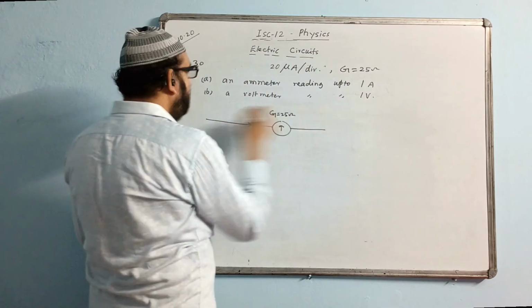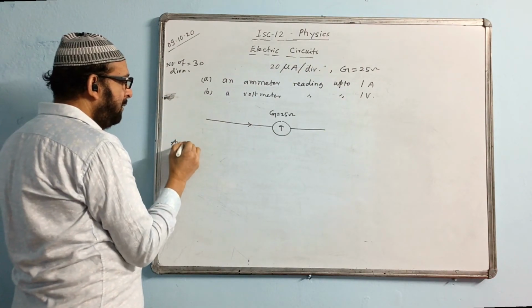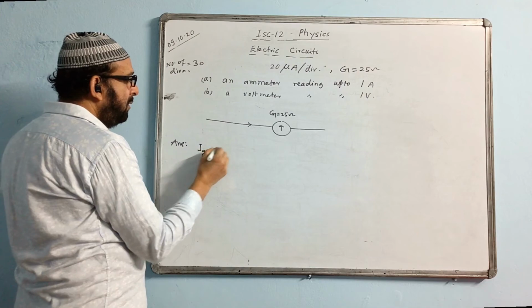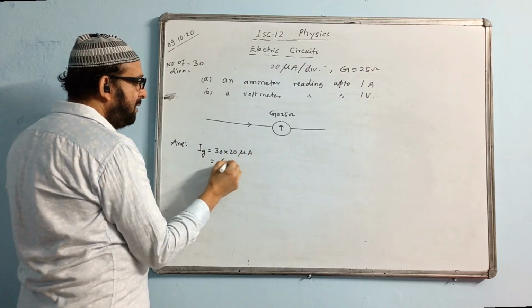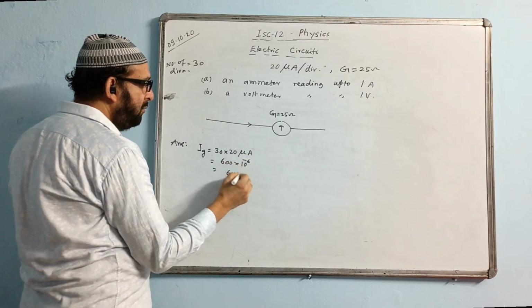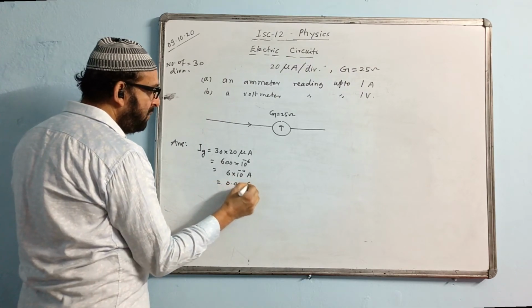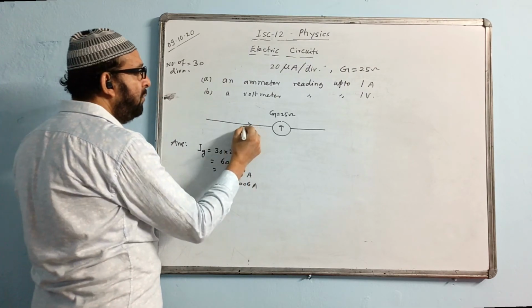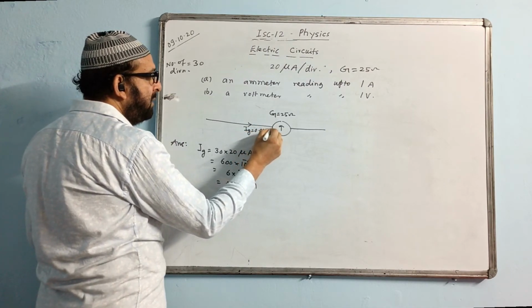In the answer, Ig is 30 into 20 microampere, that is 600 microampere, and micro is 10 to the power minus 6. The answer will come 6 into 10 to the power minus 4 ampere, that is 0.0006 ampere. So Ig is 0.0006 ampere.